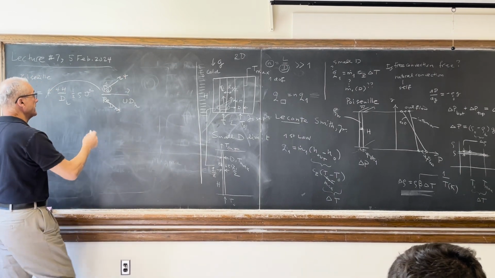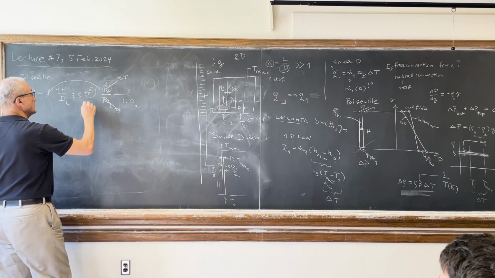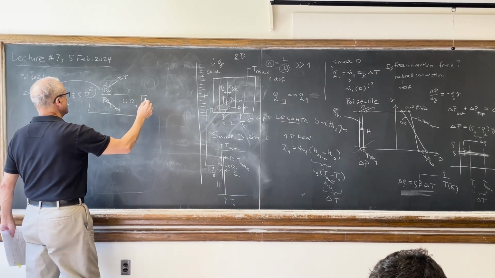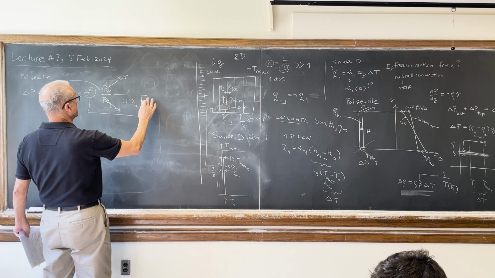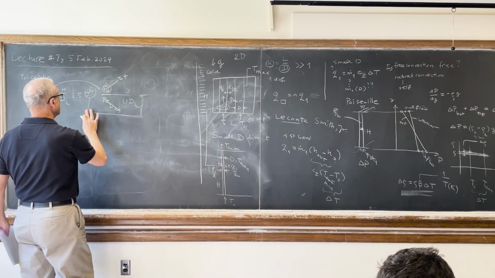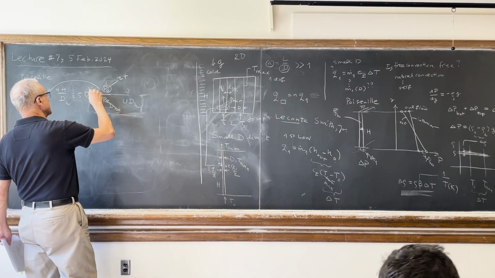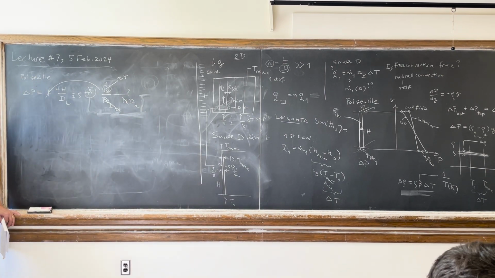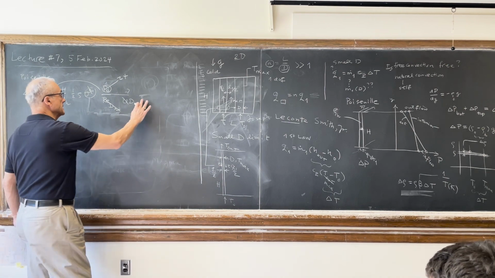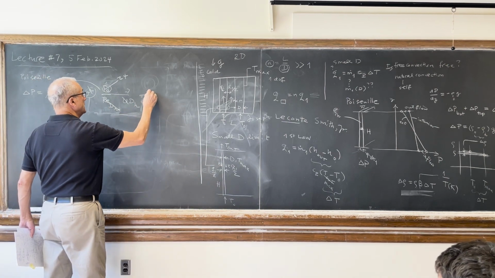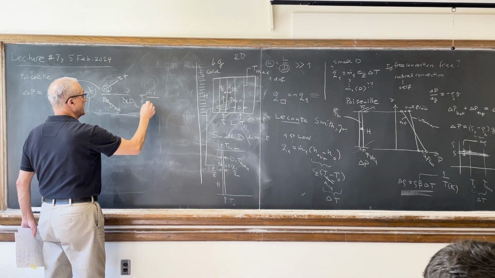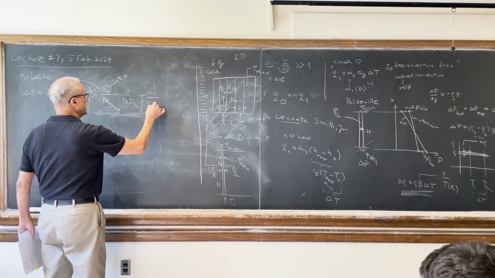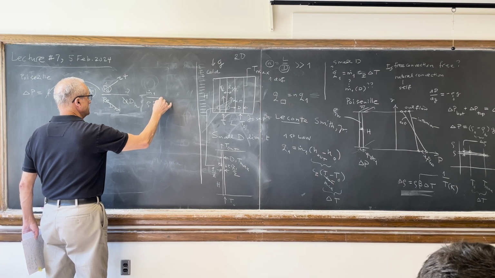And finally, forget about U squared. I simplify through one of these average velocities, and the single U is m dot 1 divided by rho, and then the cross section, which is d times w.